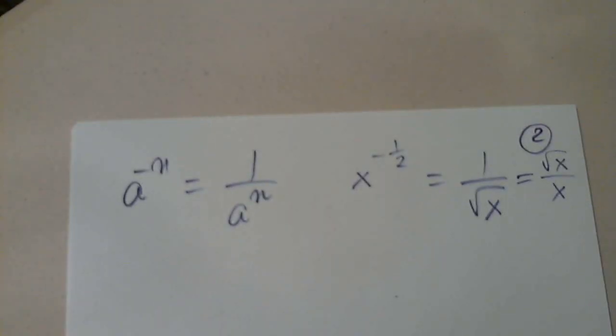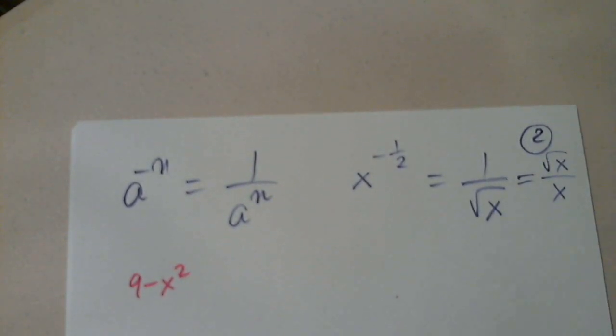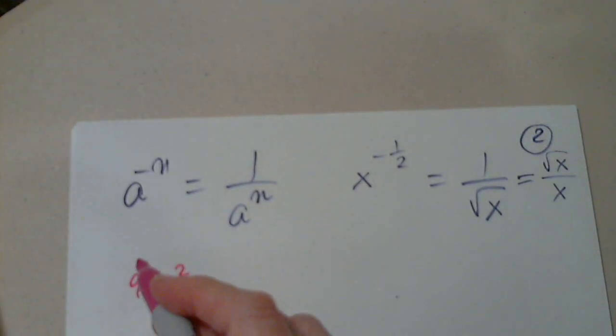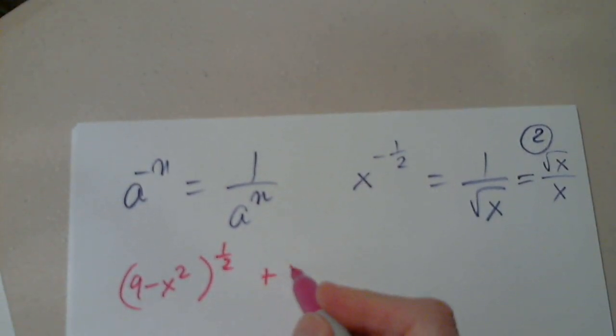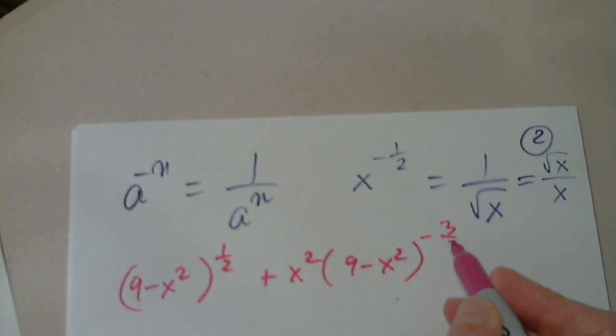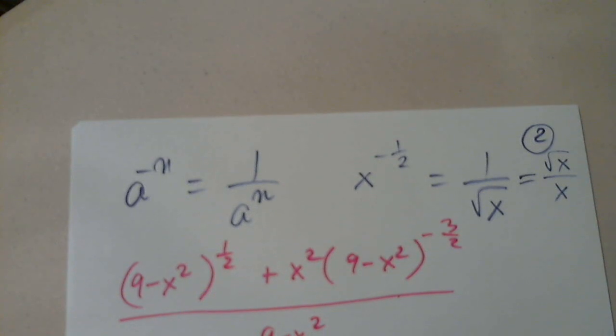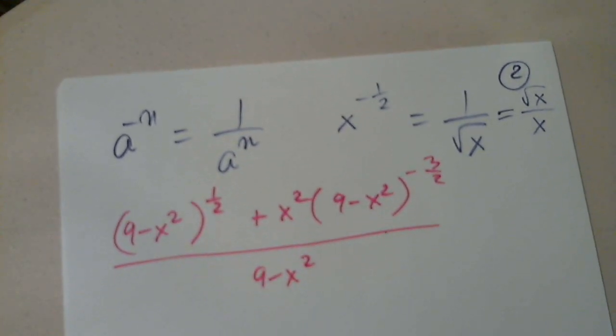Okay, so let's create a new problem. So the problem was 9 minus x squared to 1/2 plus x squared, 9 minus x squared to negative 3/2. Perfect. So the same idea, everything the same.